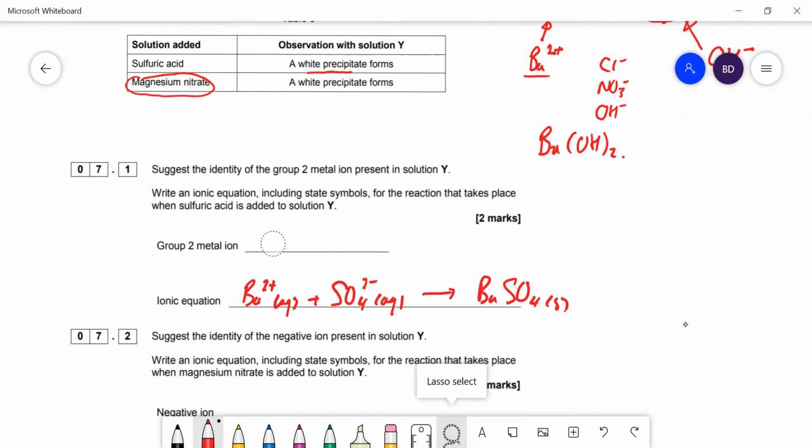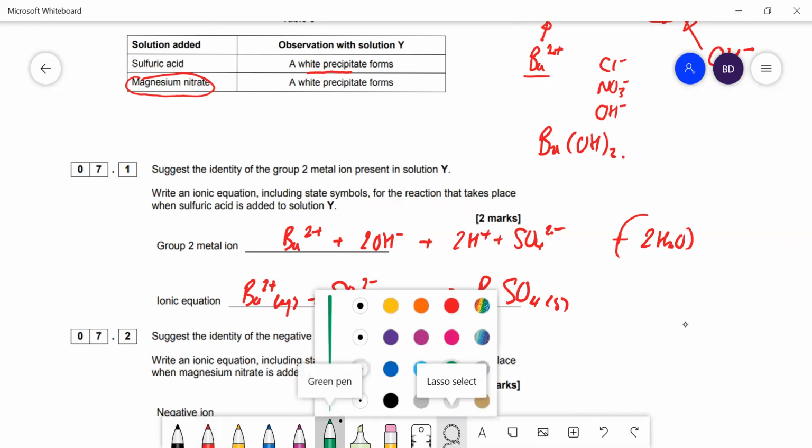If it was barium hydroxide, it would be Ba2+ 2OH-, and the sulfuric acid would be 2H+ and SO4 2-, and then you'd also be forming 2 molecules of water, wouldn't you? But I think just stick with that simplest ionic equation.